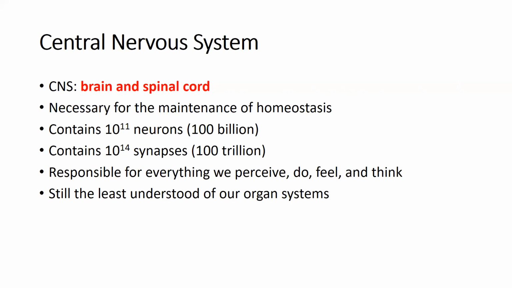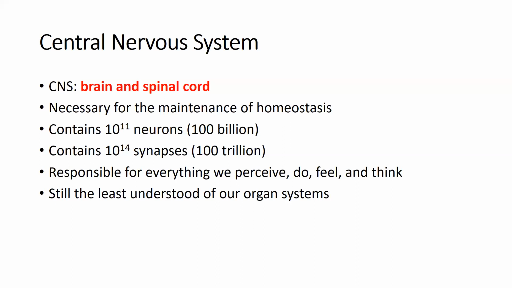Things are going in towards the CNS from our sensory perception, things we see and touch and feel. And then effector organs are receiving information or communication in the opposite direction. So there's a bi-directional flow. Things are going into the nervous system, things are coming out.